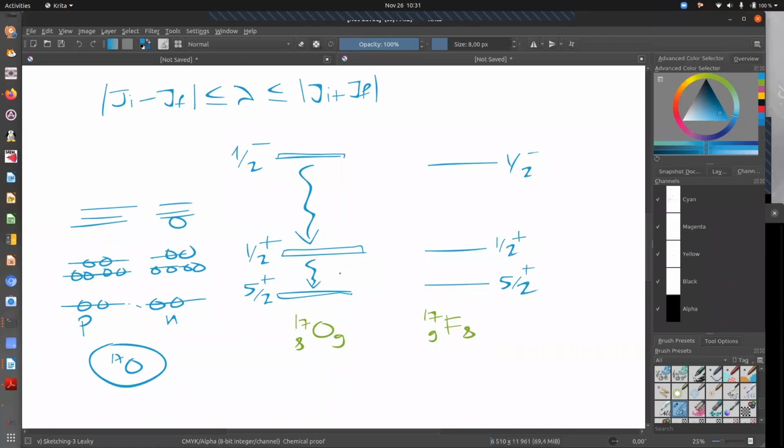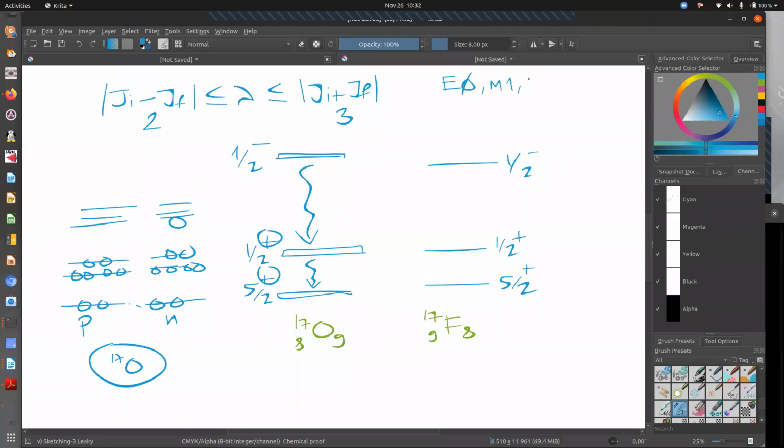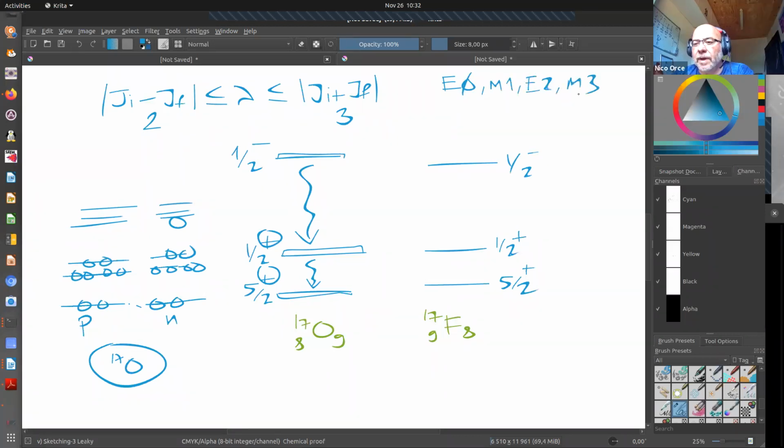Could be maybe 2 and 3, right? So 5/2 minus 1/2 is how much? That is 2, in absolute value. And this one is 3, right? So it's 2 and 3. But then what is this? There's no change in parity. So we start with E0, M1, E2, M3. So 0, 1, 2, 3.